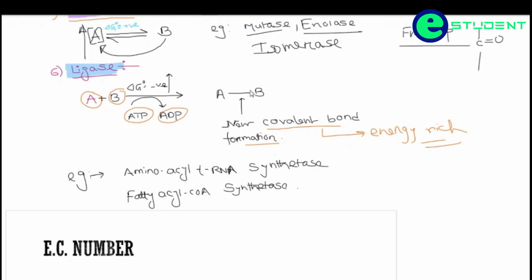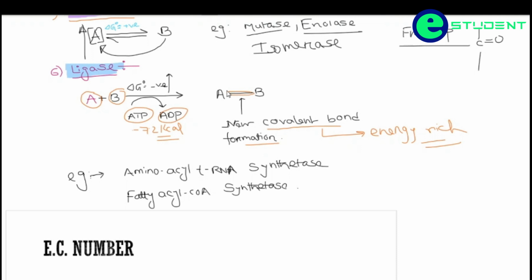For that reason, the energy is minus 7.2 kilocalorie. By using this energy, the bond between A and B is formed.